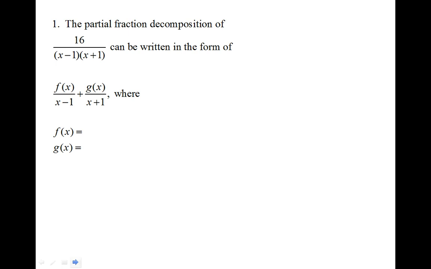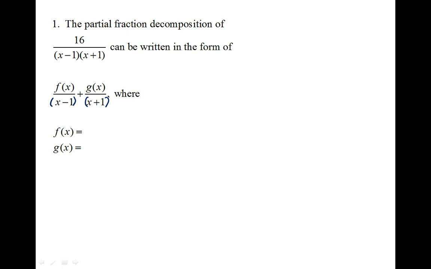So notice that the denominator, they've already factored it here for you. Okay, now x minus 1 and x plus 1 are linear factors. So f of x and g of x, those are just going to be constants.